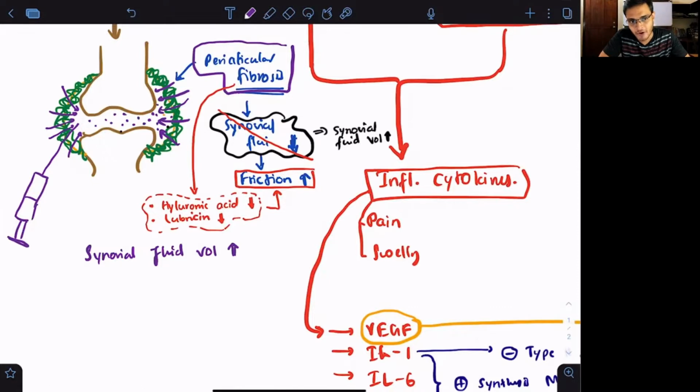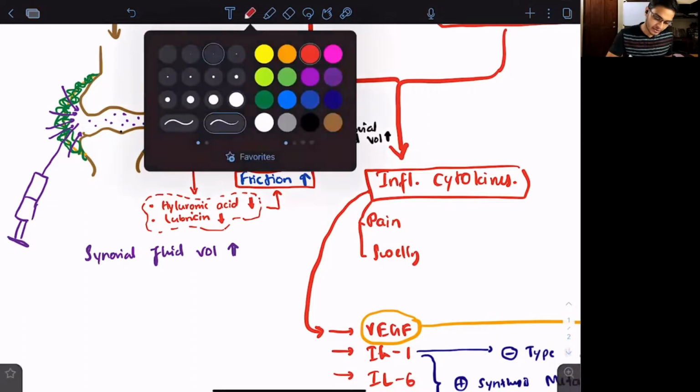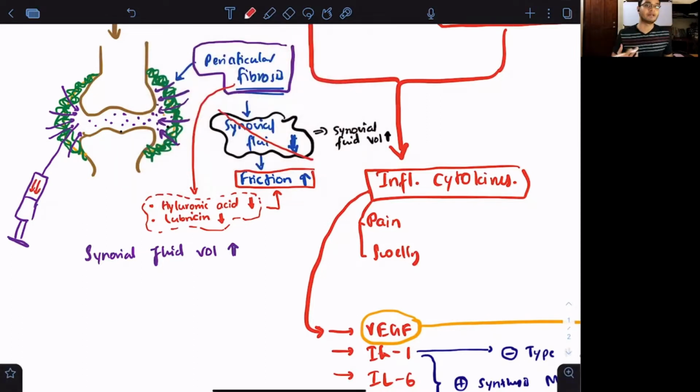Now, if synovial fluid were completely separate from joint fluid, then yes, you could say synovial fluid is less but joint fluid is overall high. But there is no separation like that. Whatever we aspirate into this needle, we still call it synovial fluid. So the overall synovial fluid volume will increase due to the inflammation. We will see this in the diagnostics today as well.